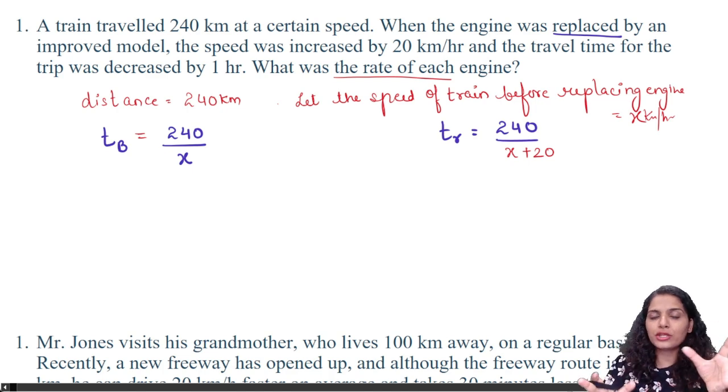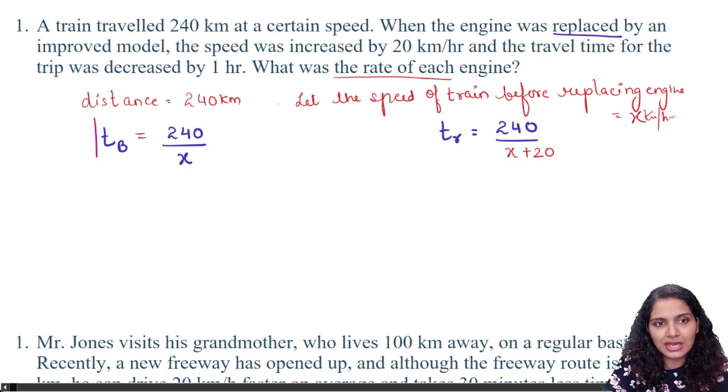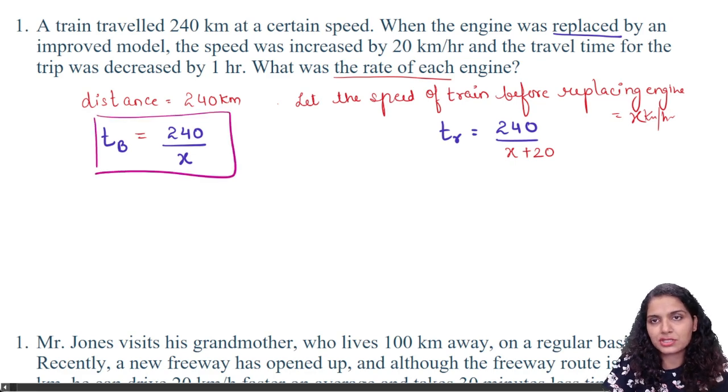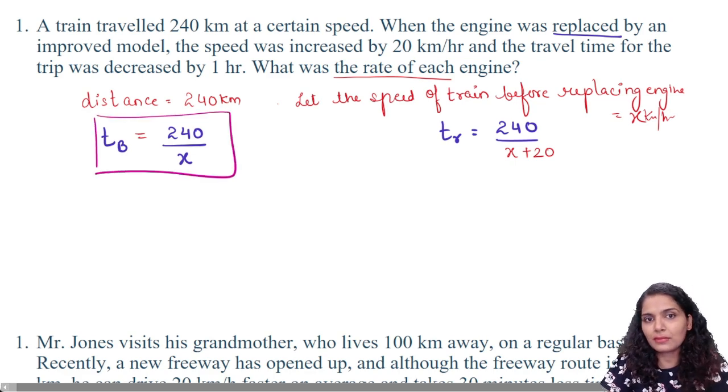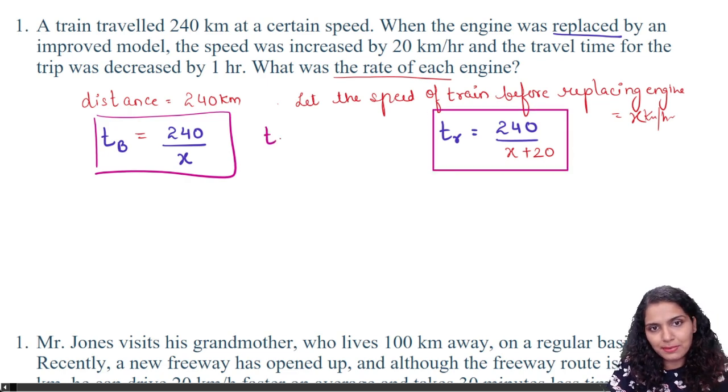Which one do you think is going to take more time, a train with more speed or a train with less speed? Less speed, right? So I can say that TB is going to be greater than TR.